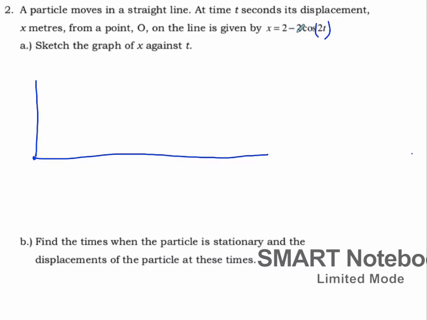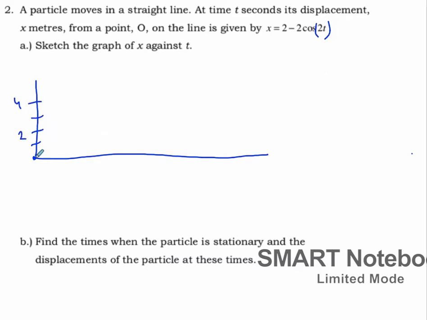This is going to go between 0 and 4 because the magnitude of the cosine curve is going to be 2, so we're going to go between 0 and 4. So I'm going to make 4 tick marks here. This is 4. The principal axis is going to be right in the middle at 2. So 1, 2, 3, 4.